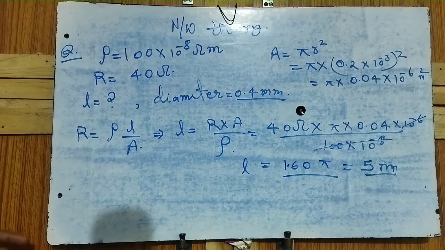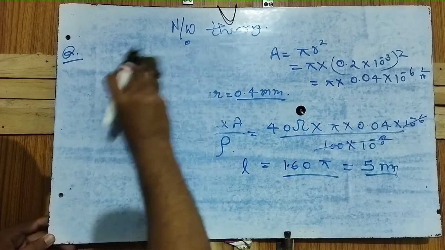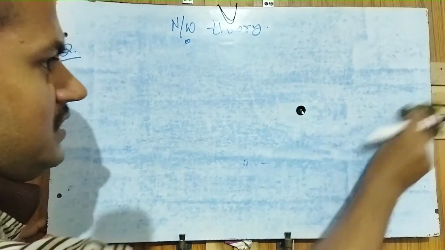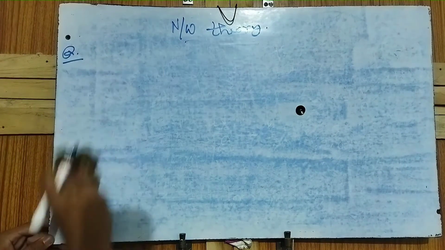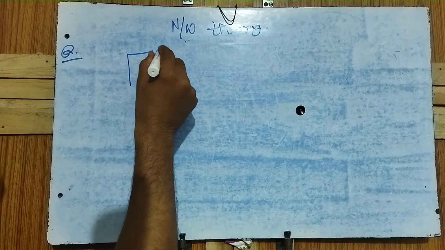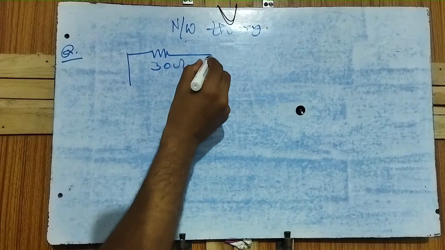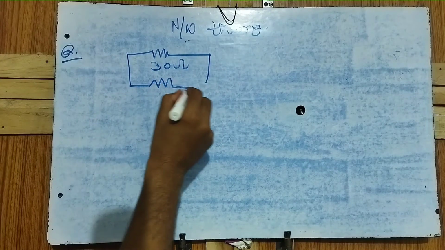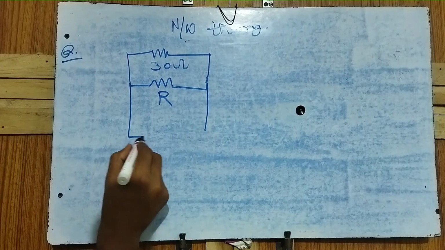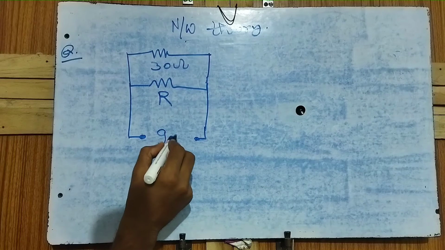So next question is about calculating the resistance R. One resistance having value of 30 ohm is connected to a resistance R that is unknown, in parallel, and both are connected to 90 volt DC.